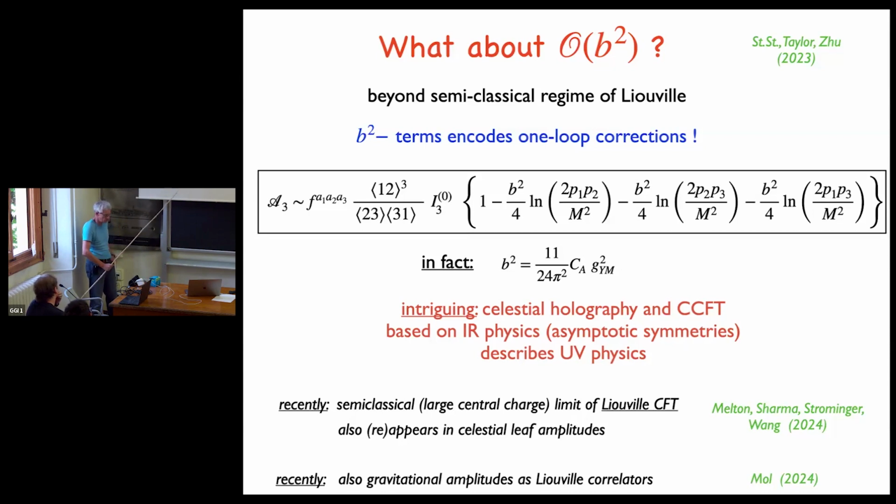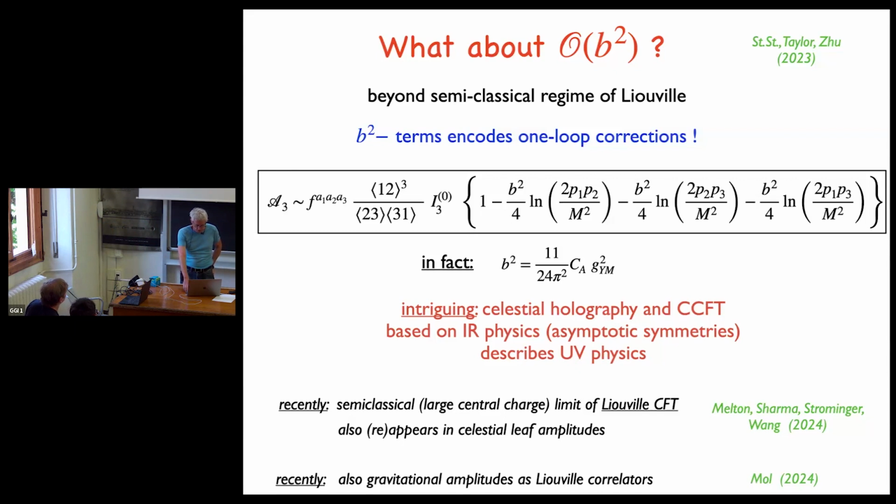So the gravitational amplitudes seem also to have this Liouville description, and we, this group, are now actually trying to work out what these higher order corrections are describing, going beyond b squared, and this seems to be quite interesting now.